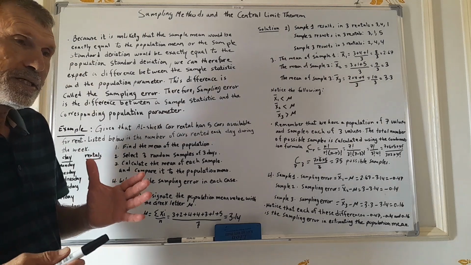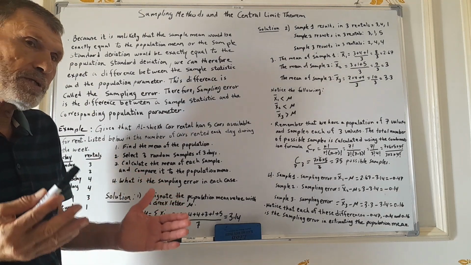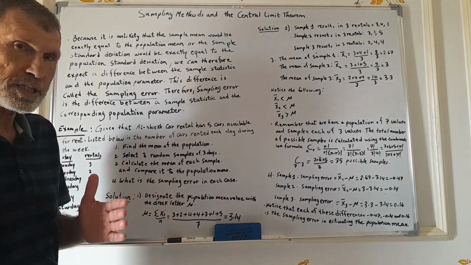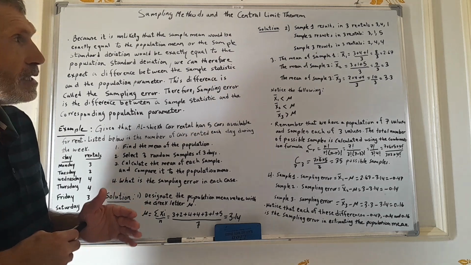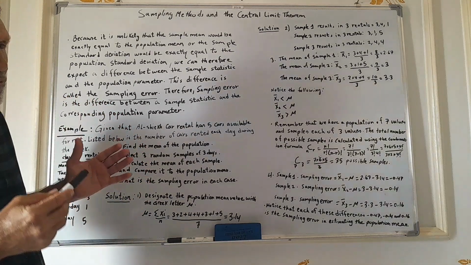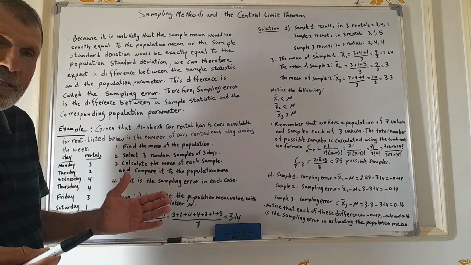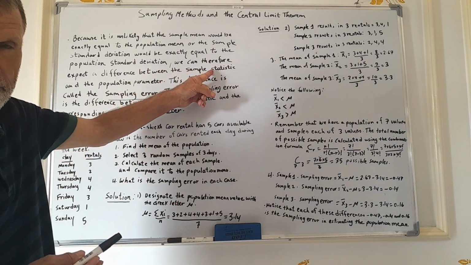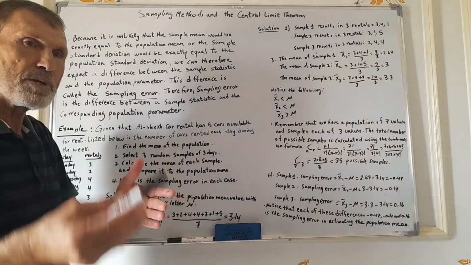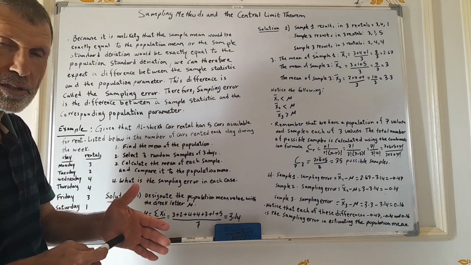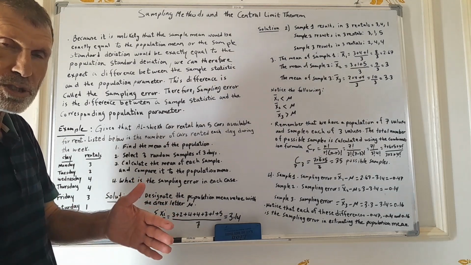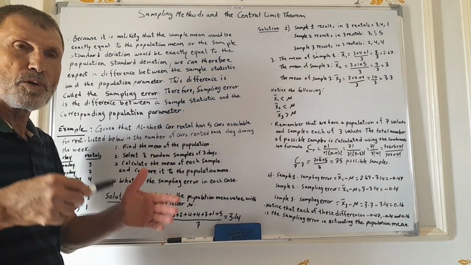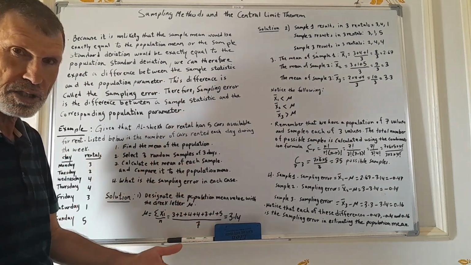Therefore, since the sample mean or the sample standard deviation would not be equal to the population mean or population standard deviation, we have to expect a kind of difference between the sample statistics, whether it is the sample mean or the sample standard deviation or the sample proportion, and the population parameter, whether it is the population mean or population standard deviation, and so on and so forth.